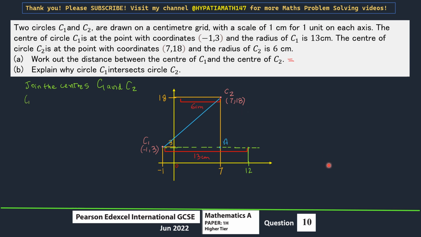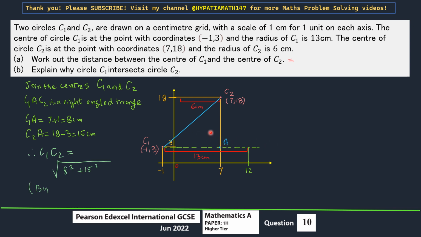Now we have a right angle triangle. C1AC2 is a right angle triangle, and C1A is 7 plus 1, that's 8 centimeters, and C2A would be 18 minus 3, that is 15 centimeters.